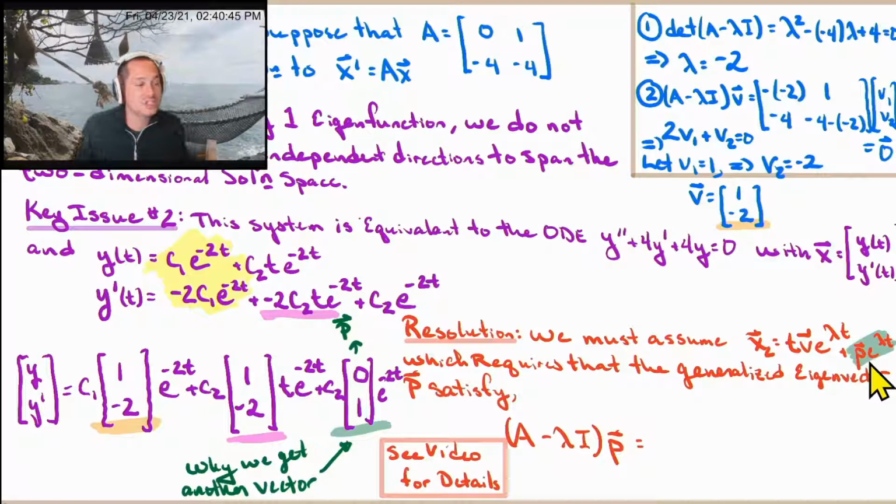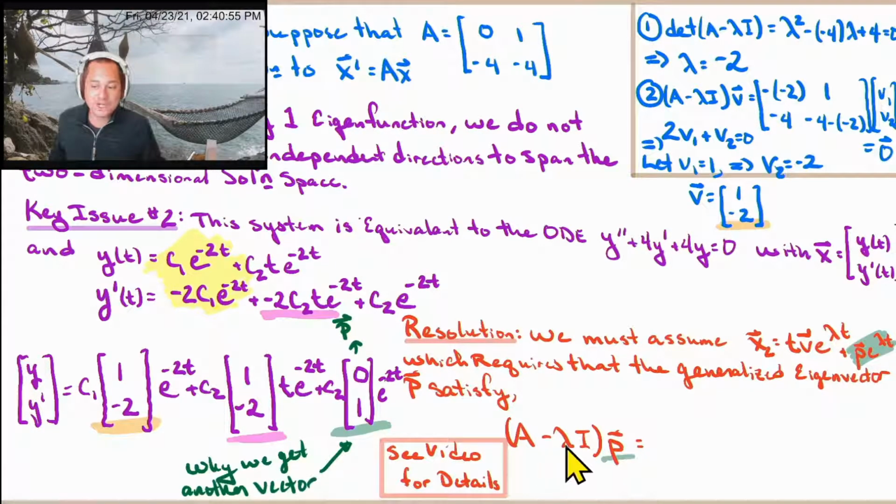We call this a generalized eigenvector, and if you shove this assumption back into the differential equation, you will find that this generalized eigenvector p obeys the equation A minus lambda I times the p vector is equal to the v vector.